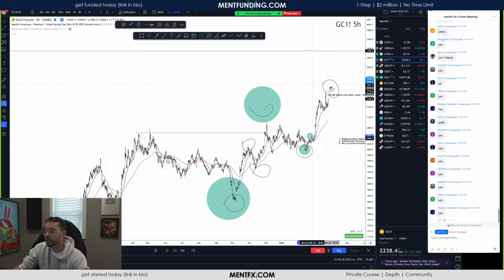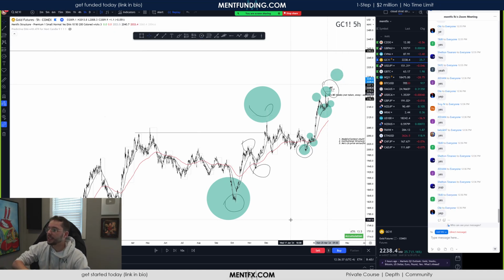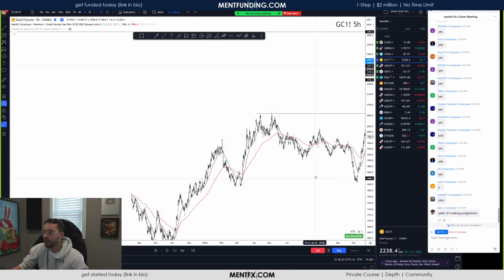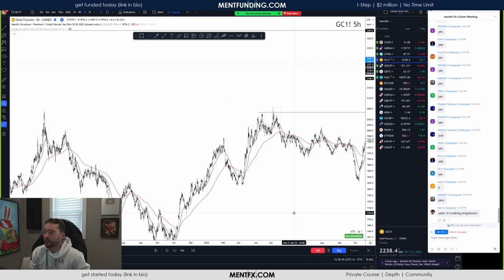Even if I draw it like this and make mini draws, does everyone see how this generally wants to move higher? It doesn't have to be perfect. I don't have to get the exact higher highs, higher lows. All I want to make sure of is that price isn't landlocked. If, on the other hand, price was like this, is this demonstrating that price is overall creating clear institutional higher highs, higher lows, or is it kind of sidewaysing, right?